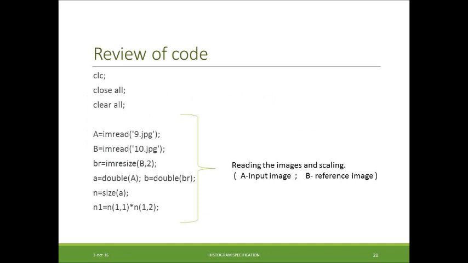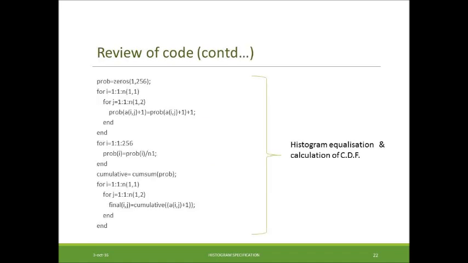Now let's have a quick review of the code. We are all familiar with clc, close all, clear all commands. Now the first section of the histogram specification code is for reading the images and doing proper scaling. Here A is the input image and B is the reference image. Now, after proper scaling of both the images, we have to go for histogram equalization as a first step, and after that calculation of the cumulative distribution function.